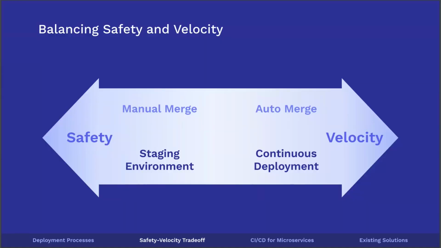The main takeaway from the previous few sections is that companies can enhance the safety of their CI/CD pipeline by mandating human code reviews before merging, and also by using a staging environment. Alternatively, they can enhance the velocity of their pipeline by automating merging and continuously deploying.